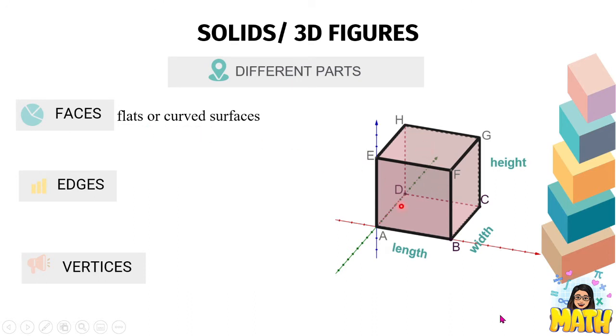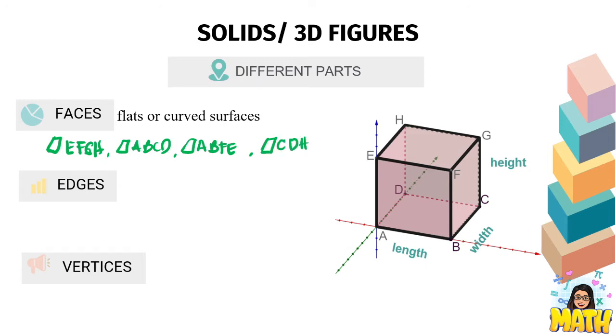Pwede itong flat face or a plane figure, pwede rin namang curved surfaces, or in short, these are the shapes na bumubuo sa pinaka-solid. In this 3D, we have the different faces. Just like the top face, we have plane EFGH, the bottom face, plane ABCD, the front face, plane ABFE, while the back face, plane CDHG.